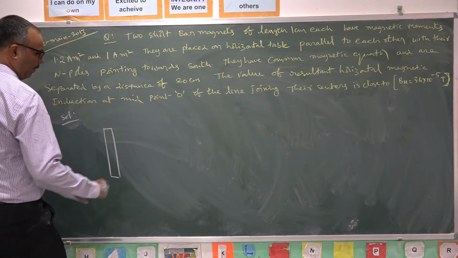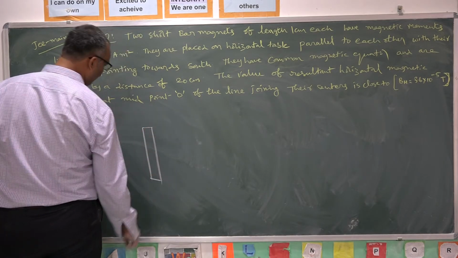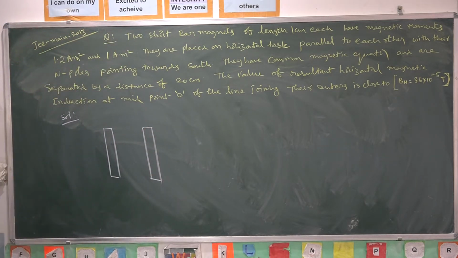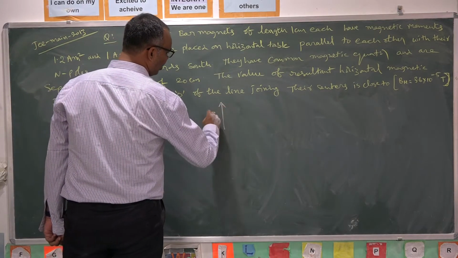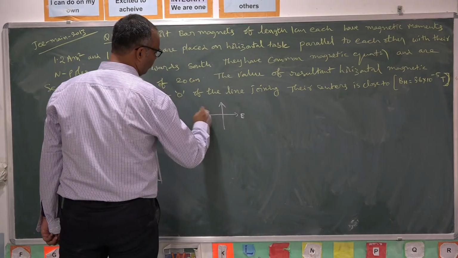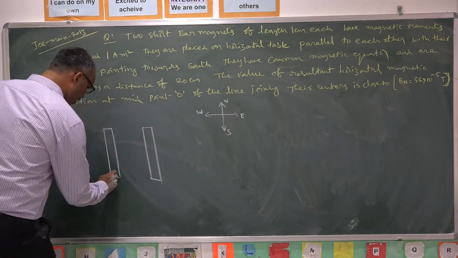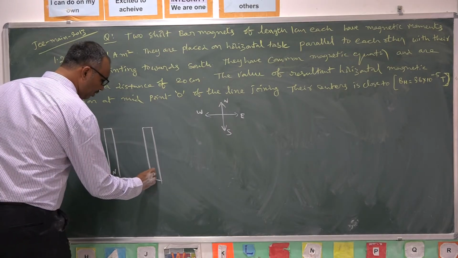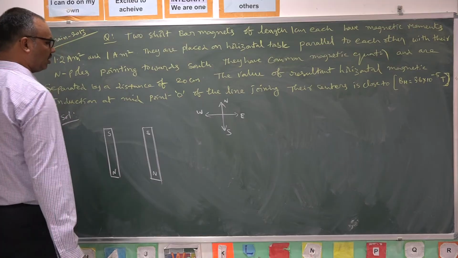This is the first magnet, this is the second magnet. The north poles are pointing towards south. If you see the geographic directions, east, west, north, south, their north poles are facing geographic south, so south poles are facing geographic north.